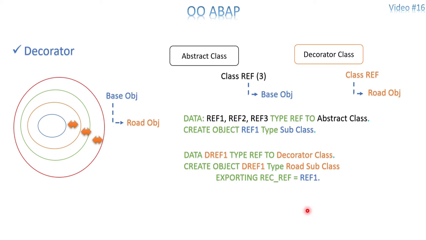So first step, create an object for my subclass. Along with that, keep the reference variable of my previous one, whatever it is, it doesn't matter. Your decorator main class will accept this, and after accepting, it holds the particular reference in a global variable of your main class.